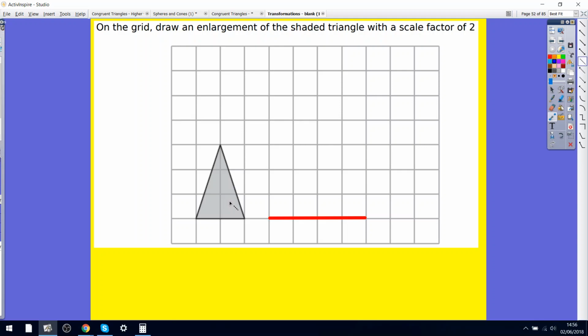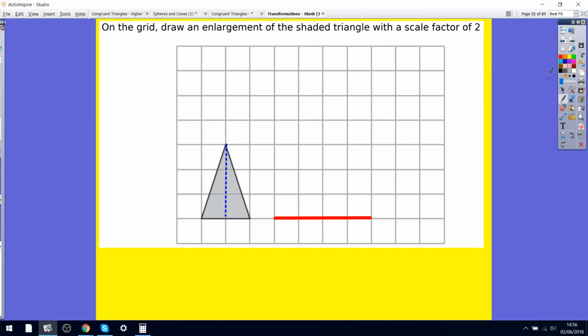What do you mean? So the way I would do it is I would look at the height of the triangle. So the base was 2, that's now 4. The height is 3.